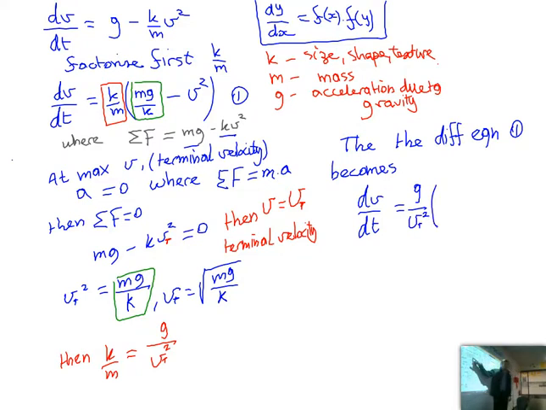Okay, and then inside our bracket is mg on k, which is terminal velocity squared, minus velocity squared. Okay? There's a slightly different form of the DE, just in terms of different parameters, with this important terminal velocity parameter. Okay? So now we're going to separate our variables.